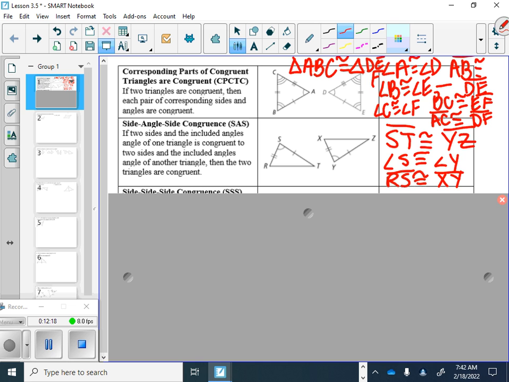So based on how I worded that, I can say the triangle RST is congruent to triangle XYZ. And I can see that makes sense based on what I just came up with. ST are the last two letters. YZ are the last two letters. S is in the middle, Y is in the middle. So even if you switched it around, say you said STR, it would just have to be that exact same thing on the other side. They've got to match. The corresponding parts have to match.